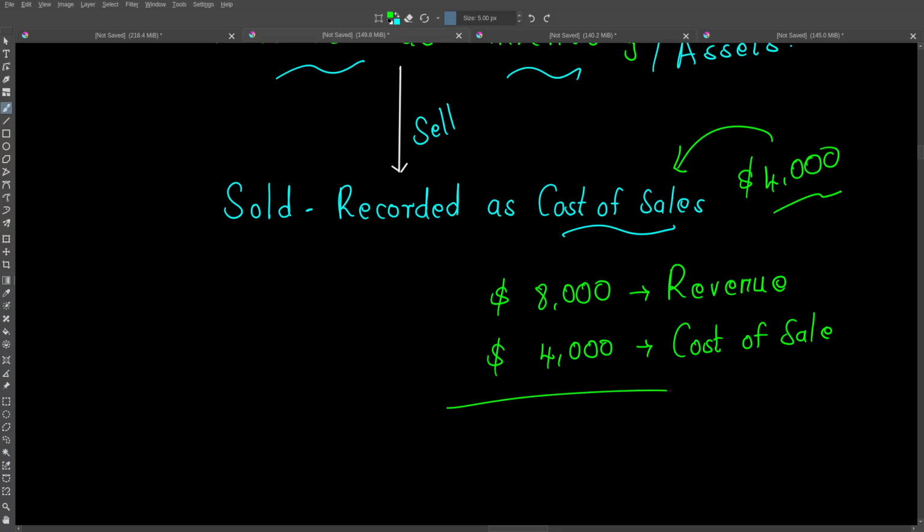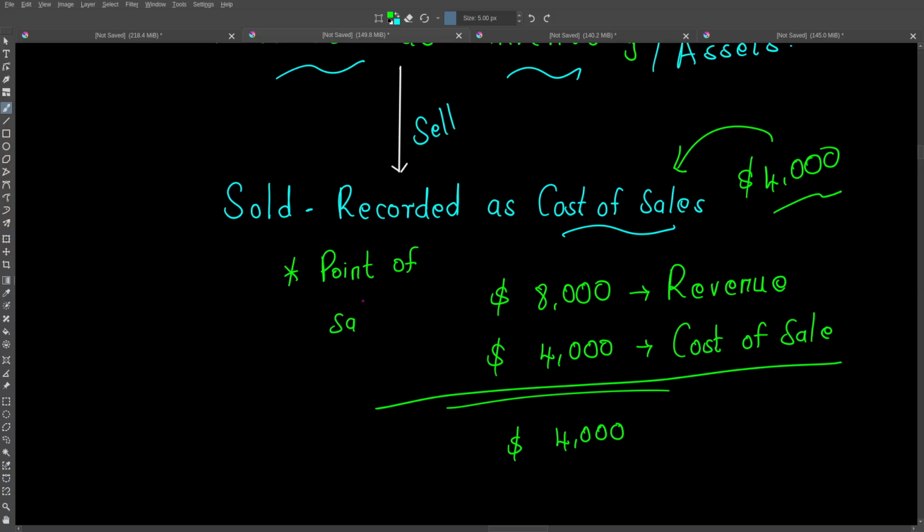From it, you usually get the gross profit. But one thing to note is we recognize the cost of sale at the point of sale. The moment you sell, that is when you recognize the cost of sale. Otherwise, as long as those goods are sitting in your office or your warehouse, we call that basically inventory.